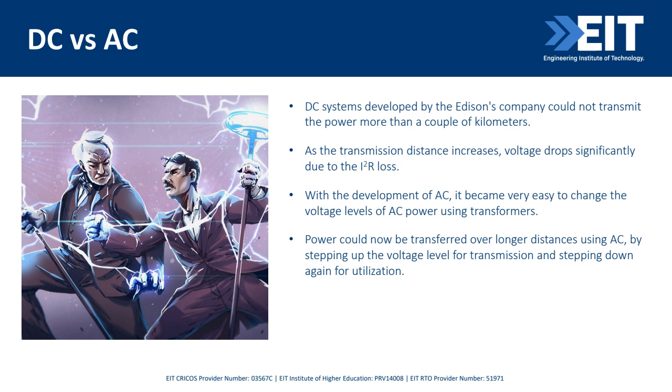With the development of AC, it became very easy to transmit power over long distances because we could use transformers to step up the voltage and send power over long distances and then step down at the usage point. So power could be transferred over long distances using AC by using those transformers that were invented by Tesla. So that's when everything switched to AC.